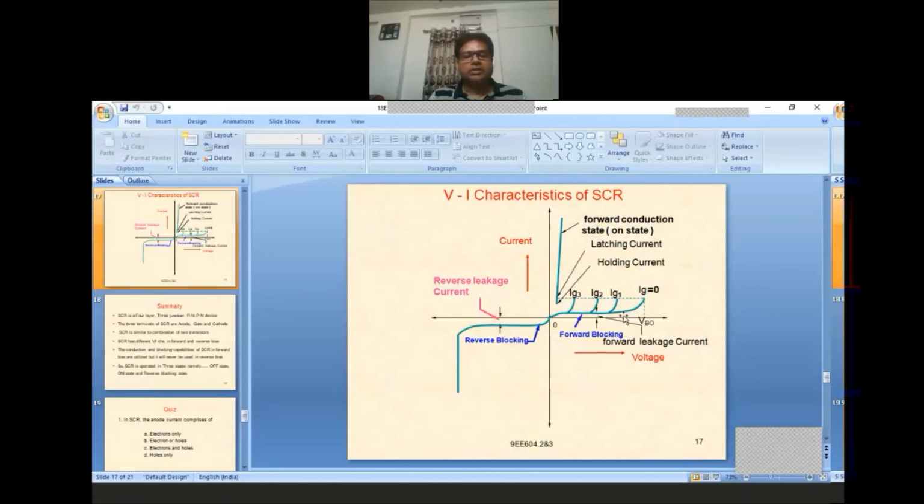Just visualize it back, where after breakover the conduction current passes along a locus like this, and a large voltage drop is there across the diode. So these are the advantages of the SCR: its characteristics can be controlled so that turn on times can be decreased, and the voltage drop across the SCR is very less when compared to a diode.